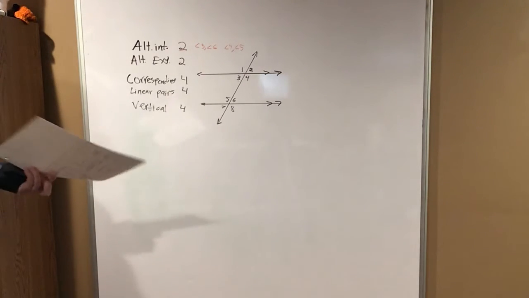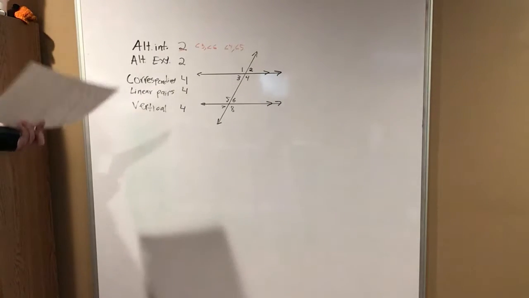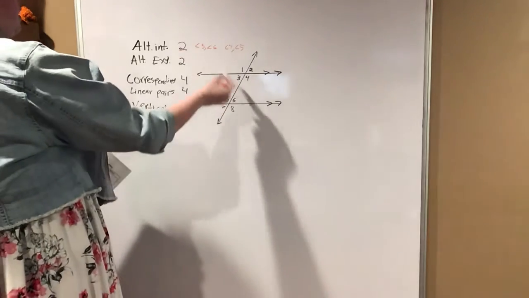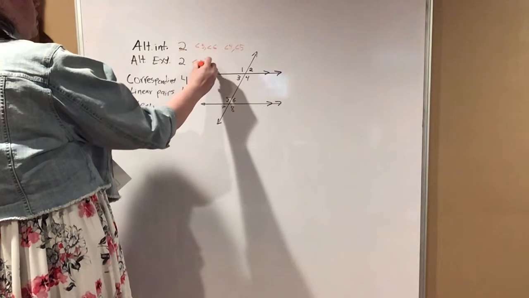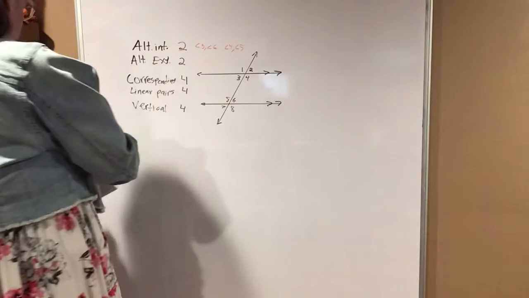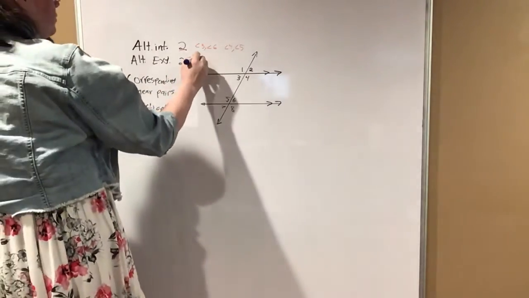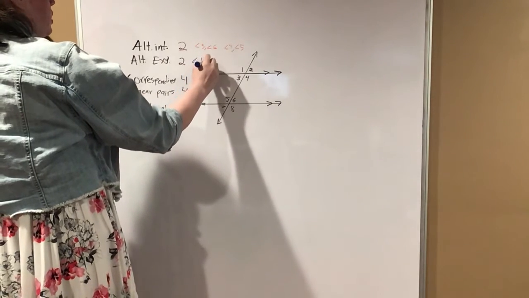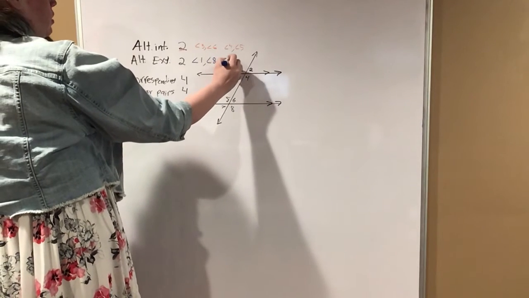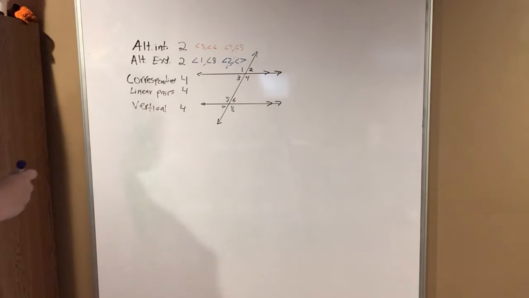So now, how can we find our alternate exterior? Well, that means they're on the outside and they're alternating, which means we get angles 1 and 8, and then angles 2 and 7.